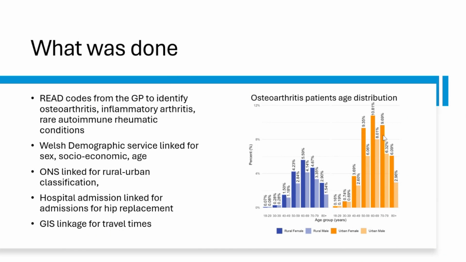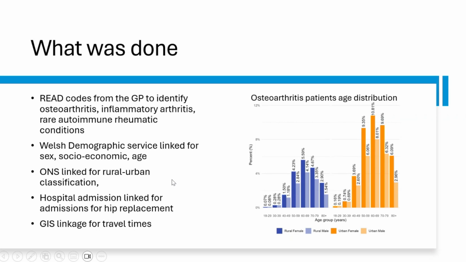You can see here for osteoarthritis that the majority were urban females, and you can see the breakdown by age. We linked hospital admissions to look at hip replacement, and we plotted travel times using GIS linkage times.